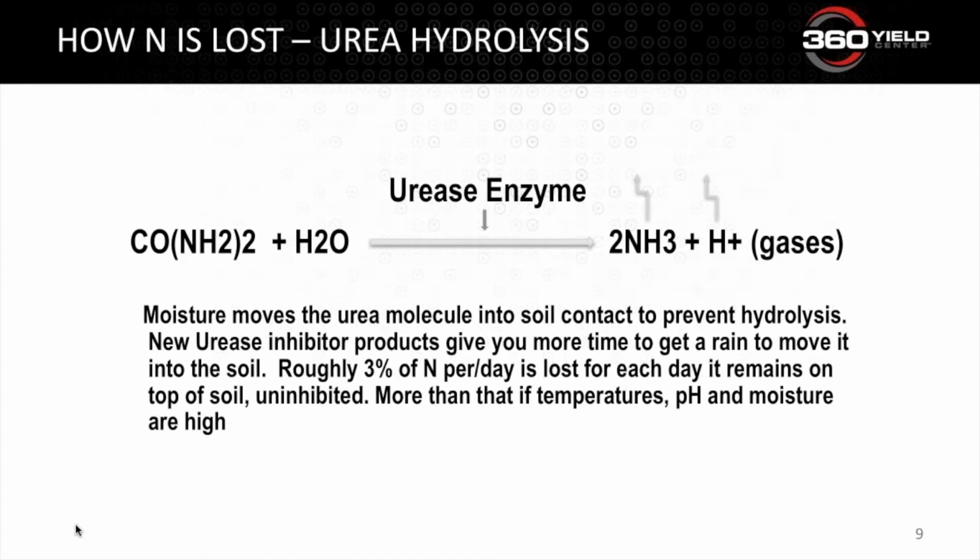But we're only concerned about this urea molecule. And again, this is a biological process, so the warmer the temperature, the faster this will go. If you have heavy residue and the urea doesn't get in contact with the soil, you'll lose more. If you're in a no-till and you spread lime on top and you have higher pH at the surface, you will drive this faster.